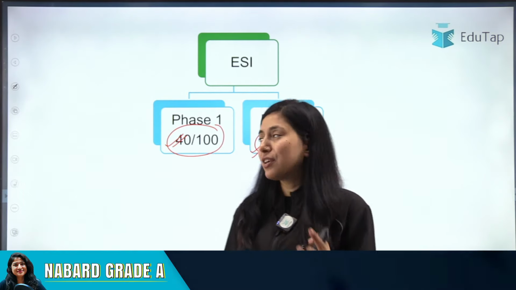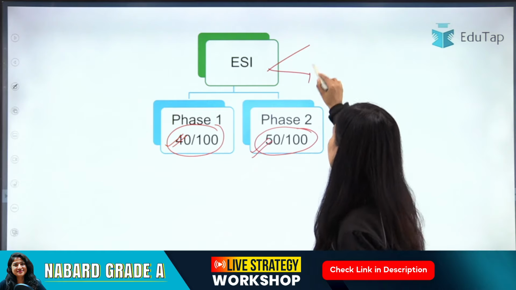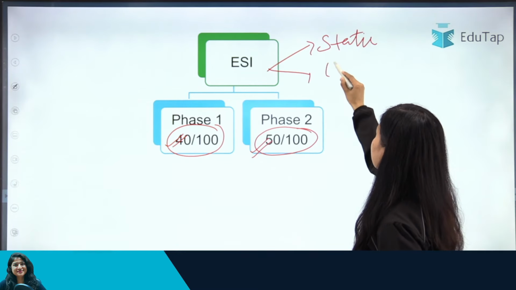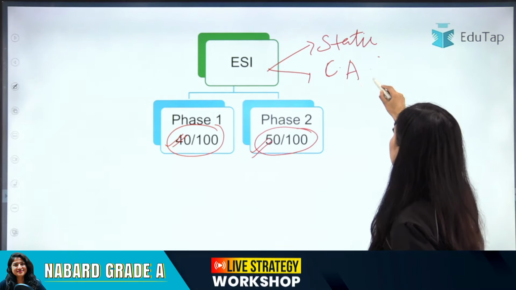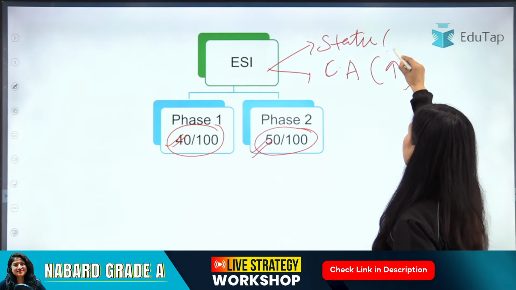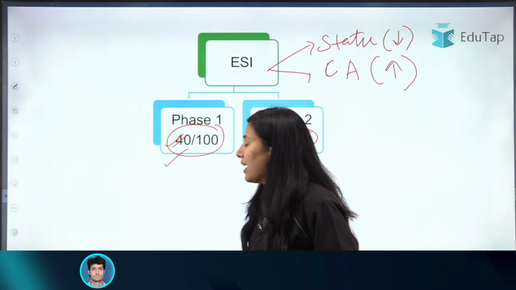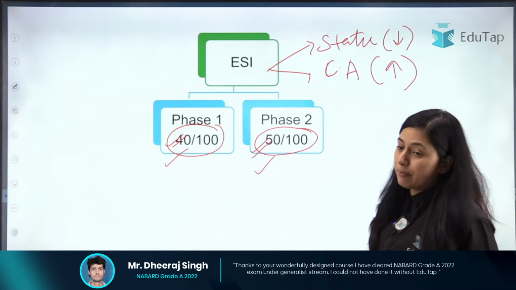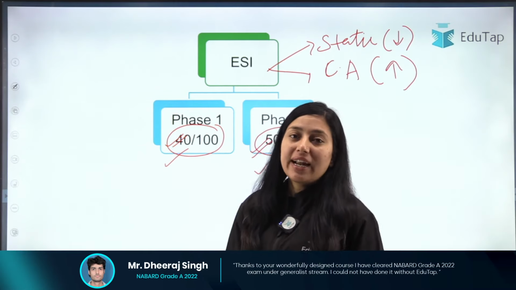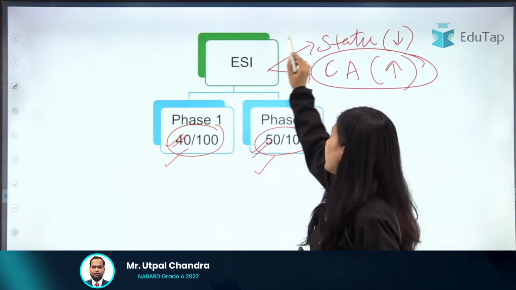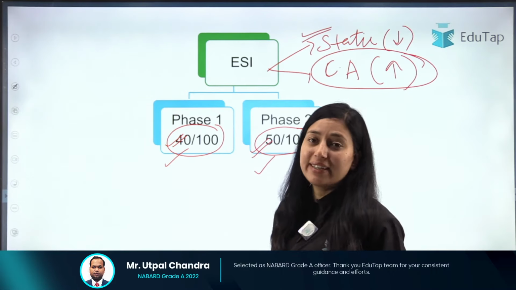Now, that is a different thing, the weightage of ESI current affairs. See, we have ESI static and we have ESI current affairs. So the weightage of current affairs is more than the weightage of static if I talk about the objective of phase 1 and phase 2. But if you want to understand current affairs for ESI also, you should have the knowledge of static ESI.